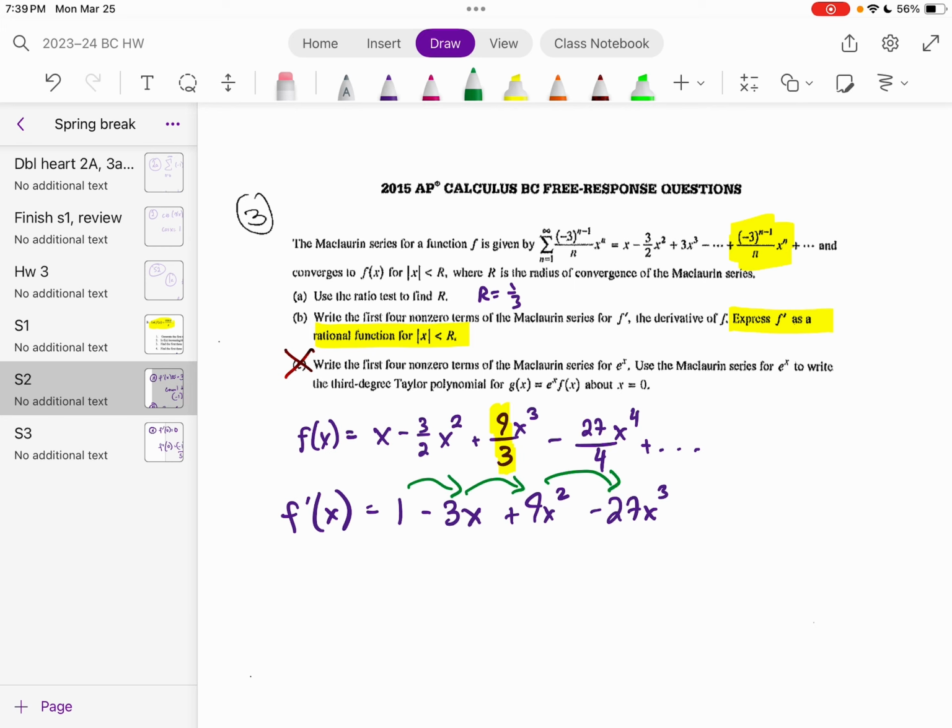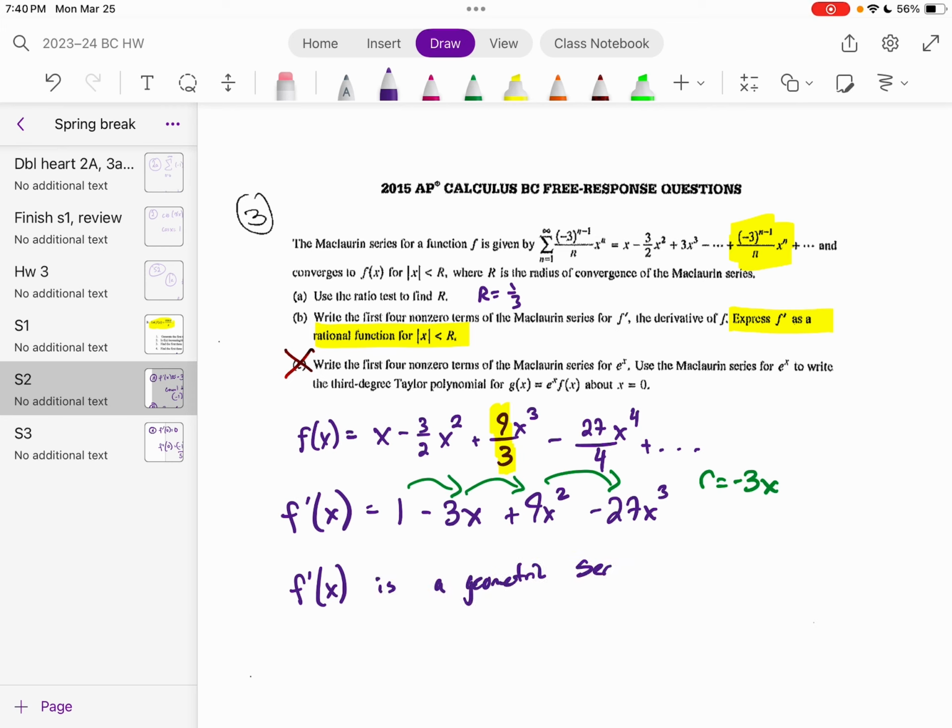All of these guys, there's a common ratio. R is negative 3x. Every term is negative 3x times the previous one. So what does that mean? That means that if we were to extend f prime out infinitely, and use the dots, that f prime of x is a geometric series.